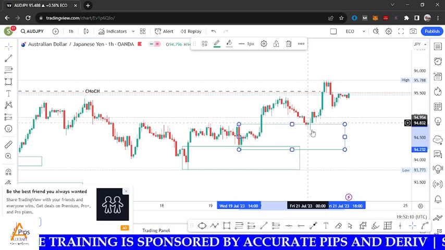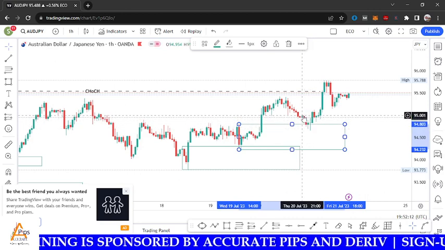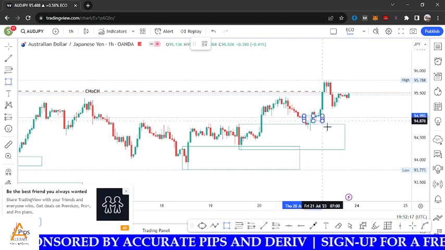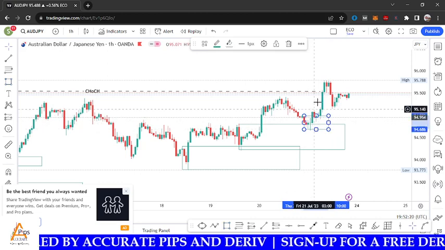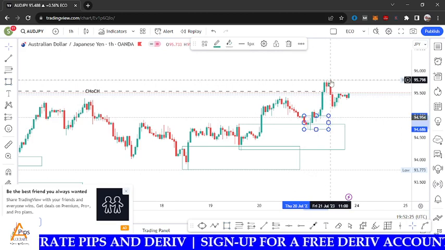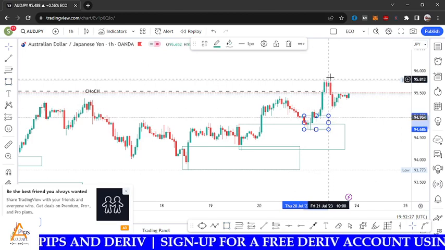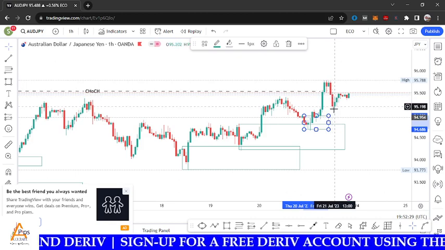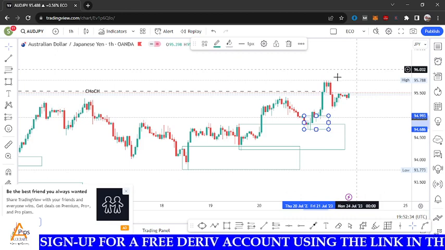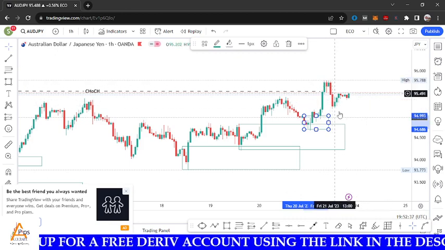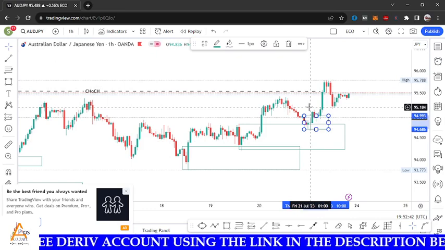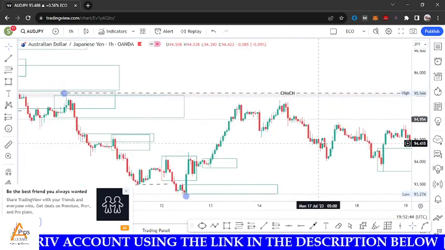This is our last selling momentum over here. See, price broke above, tapped back into it, and we have the move down, the move up. Then we can see another valid pullback over here. So this is the last selling momentum, and if price breaks here, this will become a valid bullish order flow.